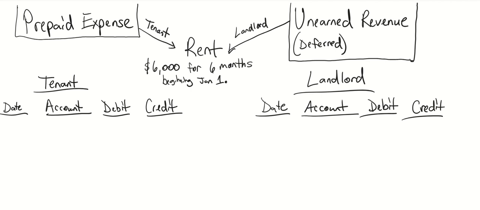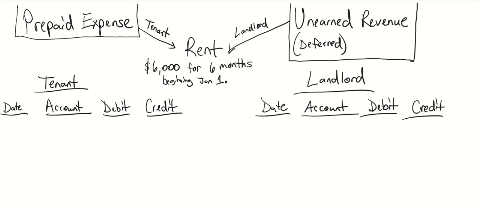This video is going to be about unearned or deferred revenue. But as you can see here on the screen, I have prepaid expense as well. That's going to be incorporated into this topic about unearned revenue. I already made another video of prepaid expenses, so check that out before watching this video.